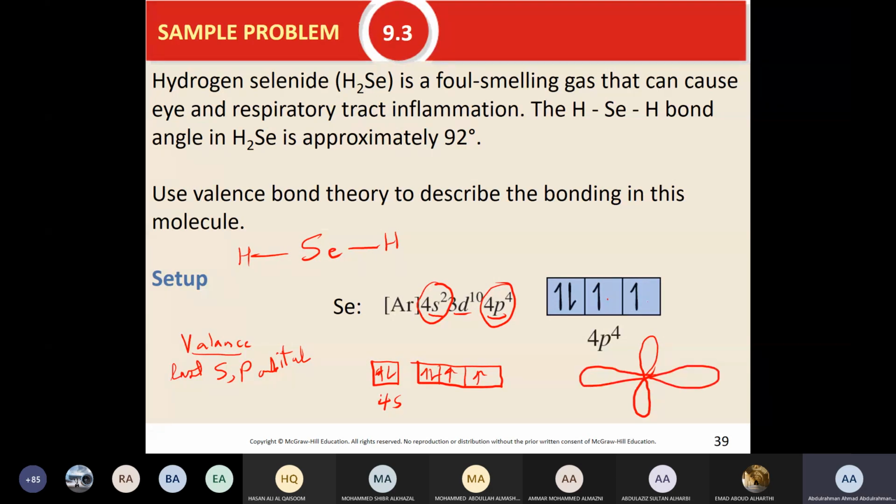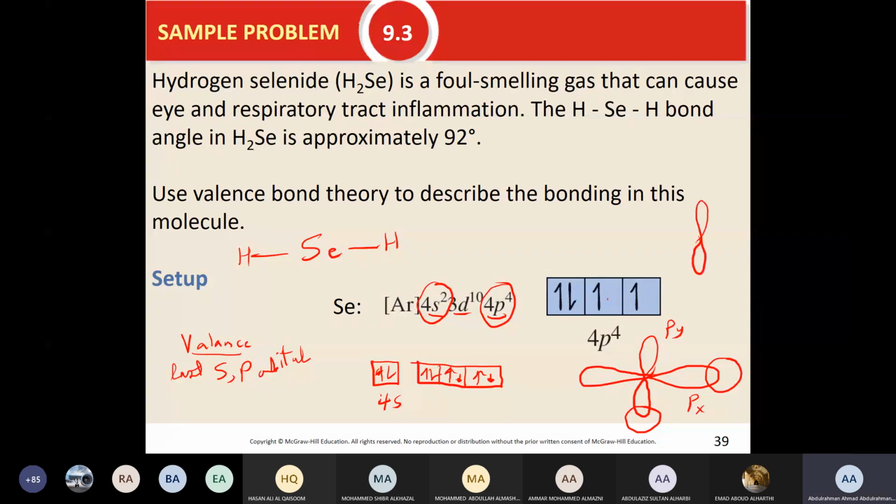This is Py and this is Px. The hydrogens are going to interact with these p orbitals. One hydrogen will come here and the other hydrogen will come here. I will draw a small electron from hydrogen, and this is the electron from the other hydrogen.